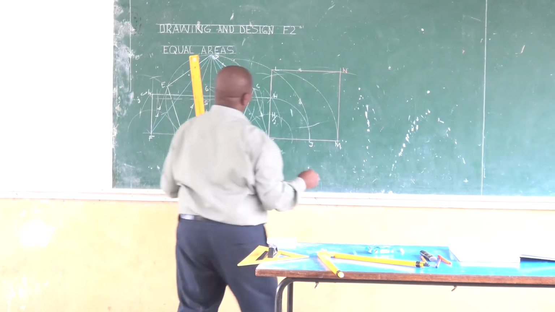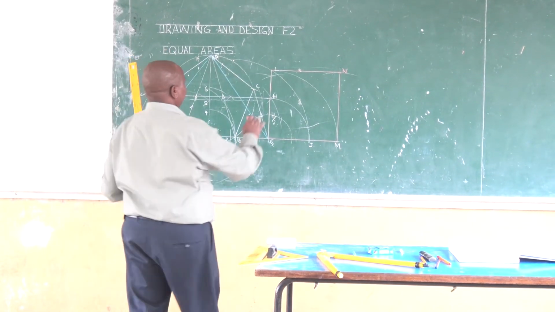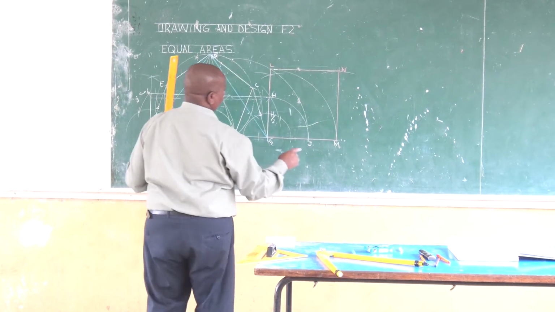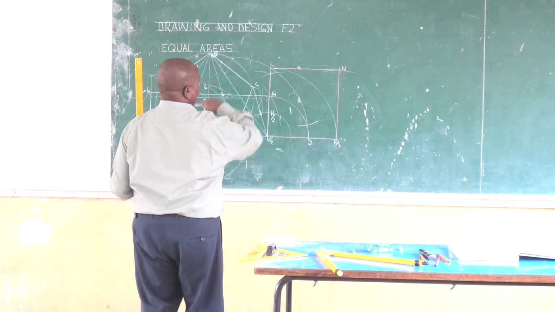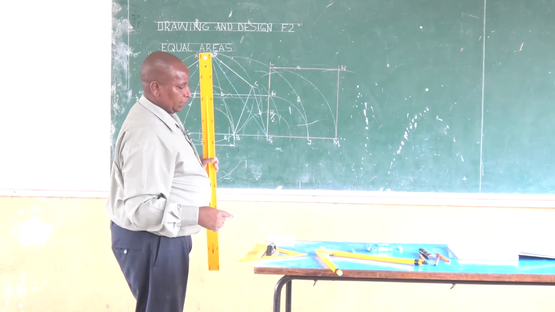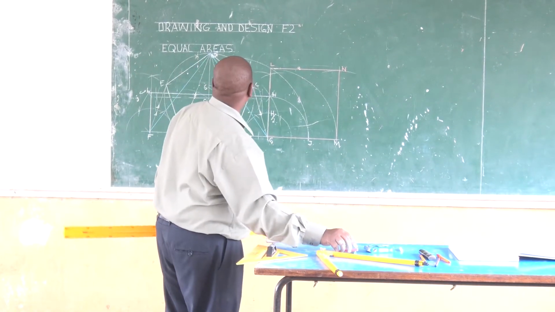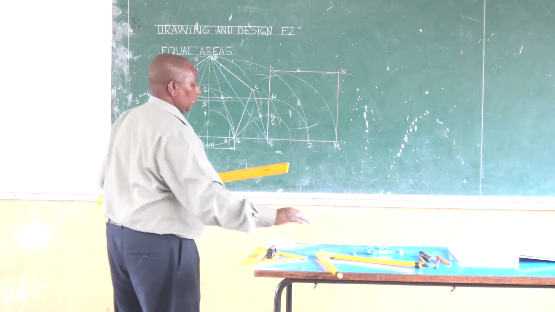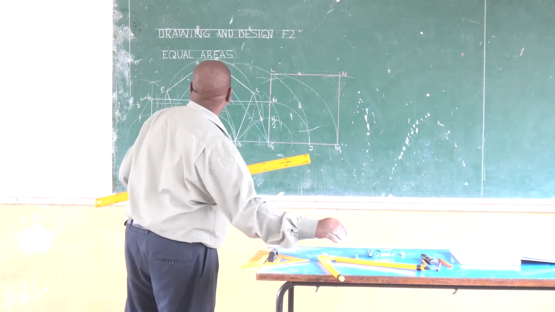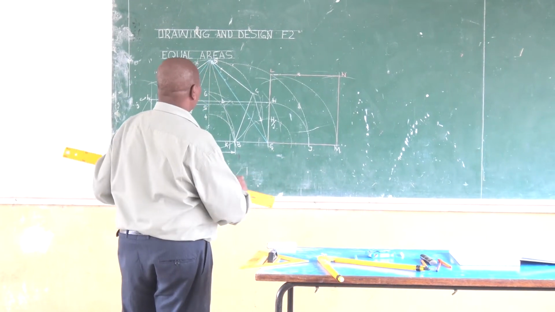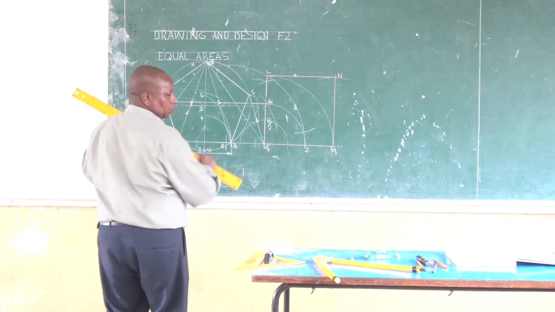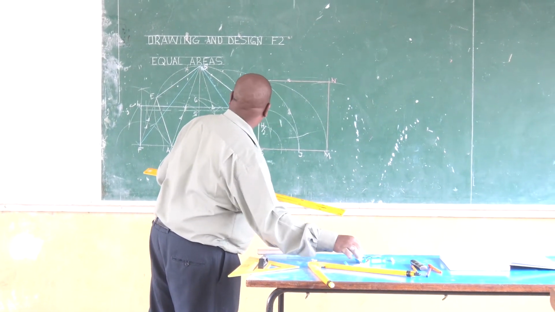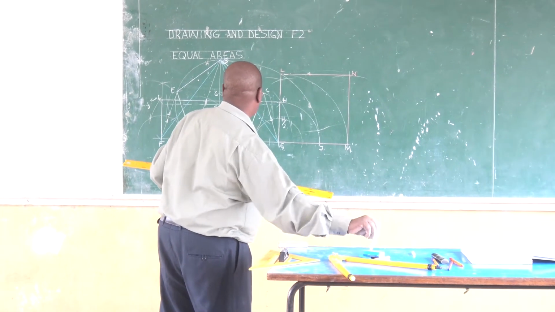So the required square is described by the vertices L, G, M, and N. Those are vertices. So the square is equal in area to the rectangle, which is equal in area to the triangle, which is equal in area to the pentagon. Once again, let's draw the rectangle in a different color so that it's clearer to the viewer.